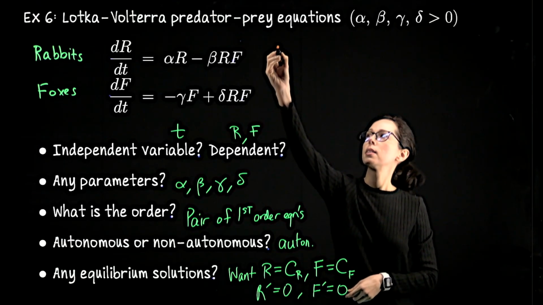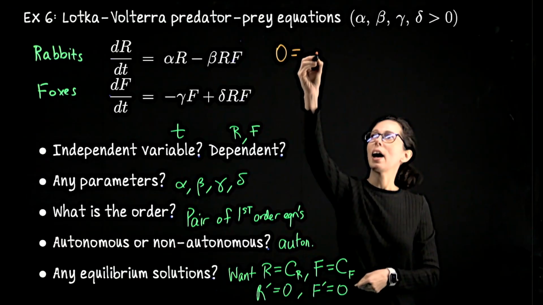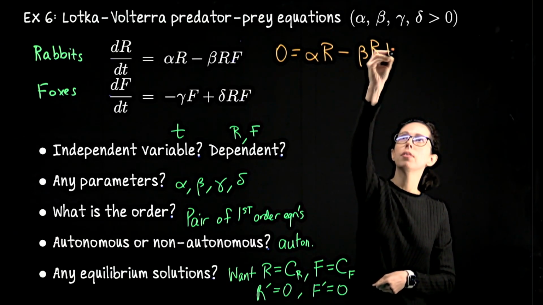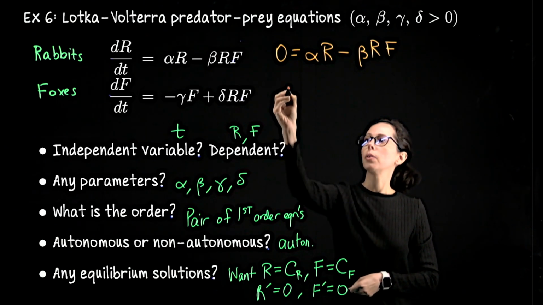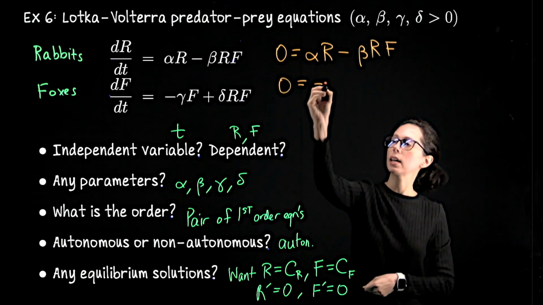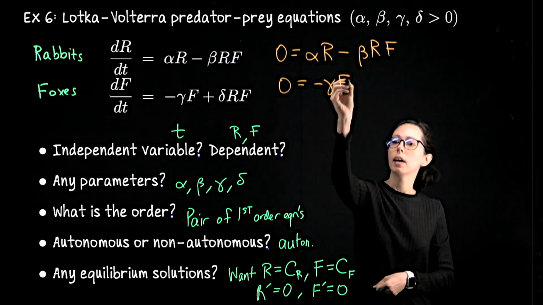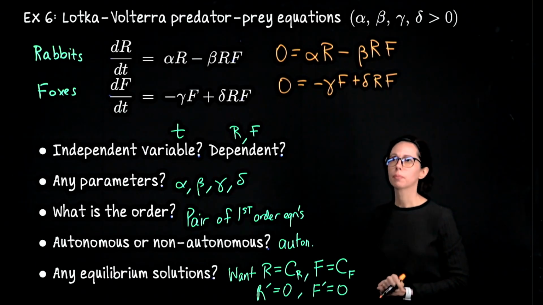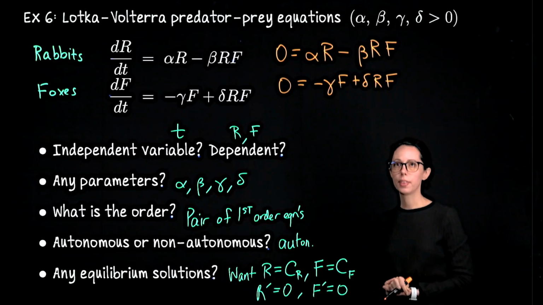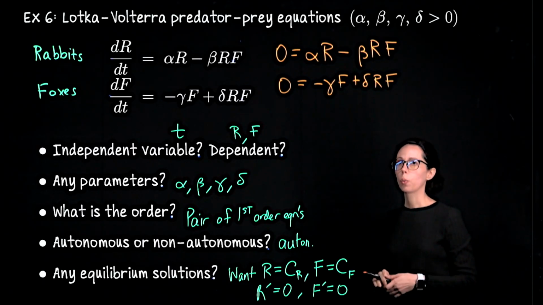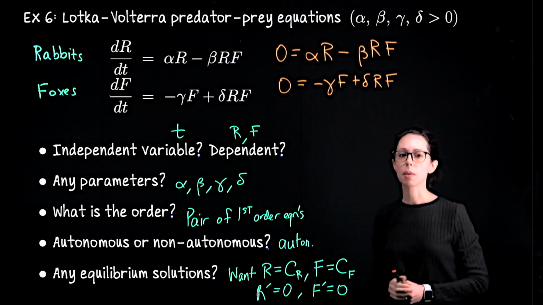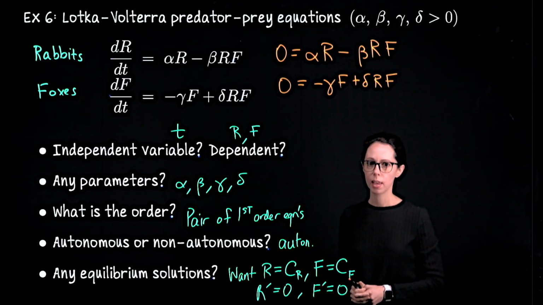So we can say 0 equals alpha R minus beta RF, and also 0 equals negative gamma F plus delta RF. Okay, let's solve this system of equations where we really only have two unknowns. We're looking for R and F values that make both of these equations true.